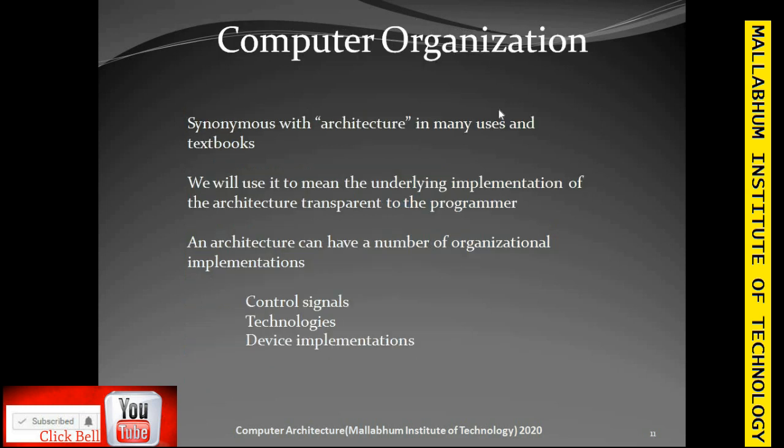Now computer organization is a synonym of architecture for many users and in textbooks. So we will use it to mean the underlying implementation of the architecture, transparent to the programmer. And an architecture can have a number of organizational implementations: control signal technologies, device implementation.